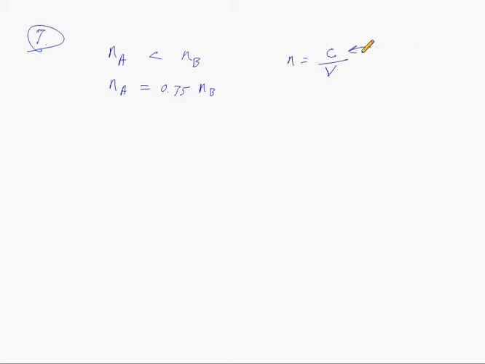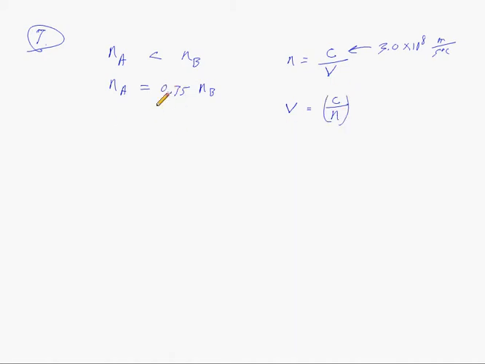Speed of light, remember, is 3.0 times 10 to the 8th meters per second. So we do a little bit of algebra, and the velocity of light in a particular glass, let's say, is equal to the speed of light divided by the index of refraction.